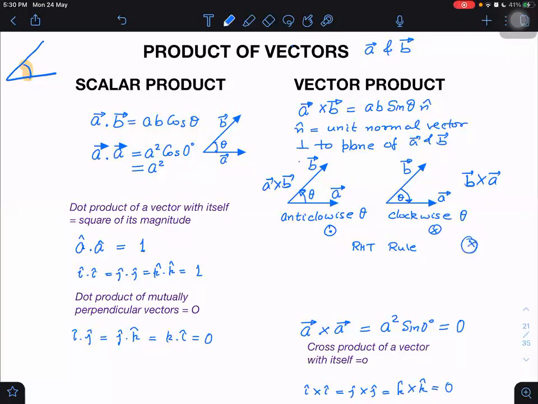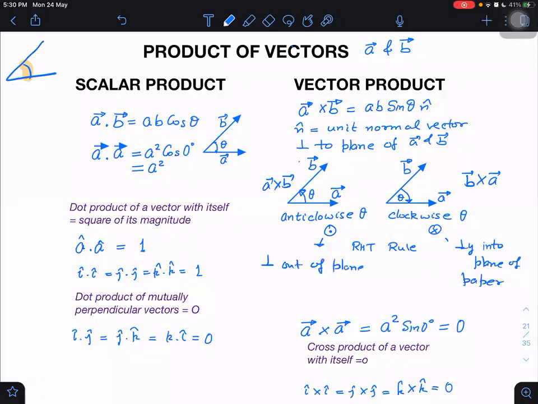This is also another thing you should know. Clockwise means cross. Cross means going away from us. It is perpendicularly into the plane of paper, or if you are reading from a mobile, perpendicularly into the plane of the mobile. And what does dot represent? Dot represents perpendicular out of the plane.